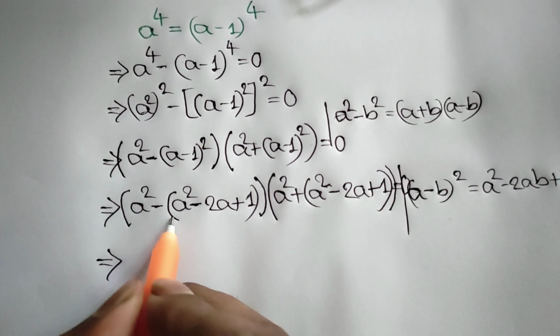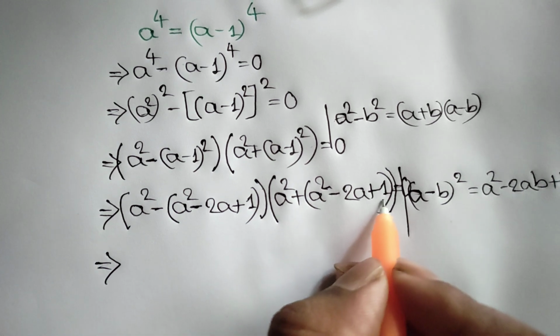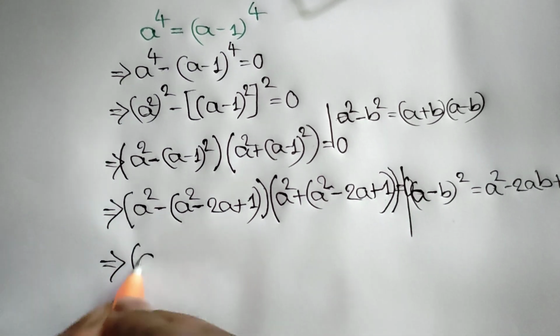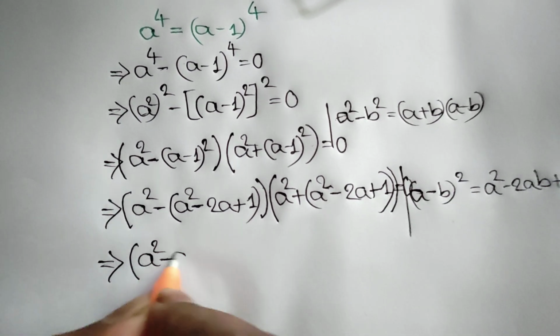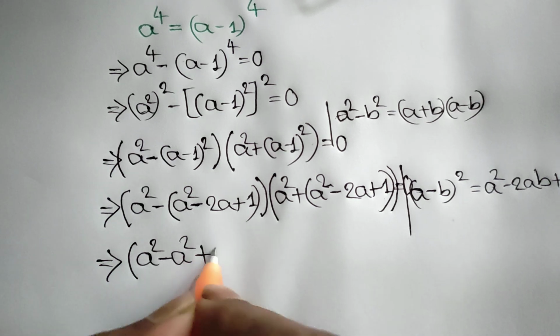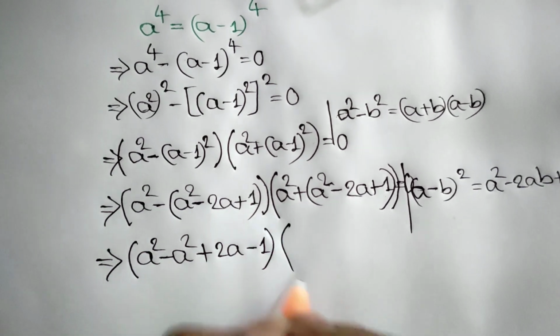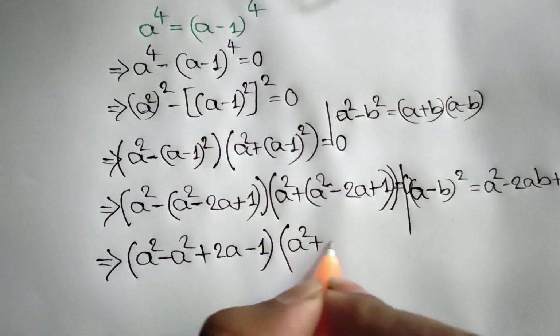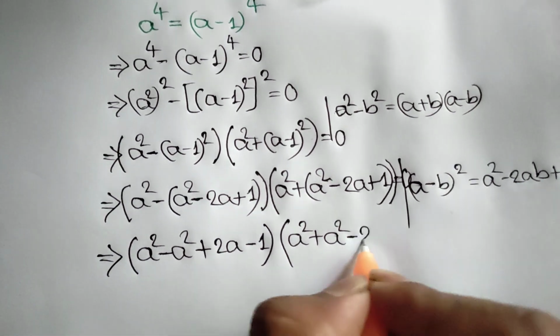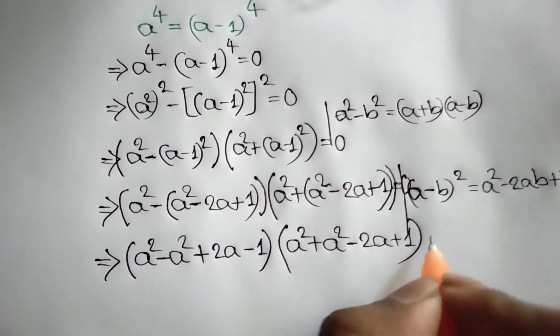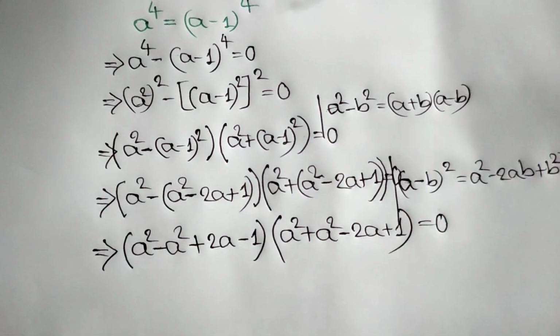Now we remove these brackets, so we can write a square minus a square plus twice a minus 1 times (a square plus a square minus twice a plus 1) is equal to 0.